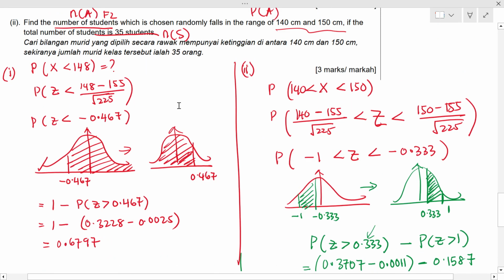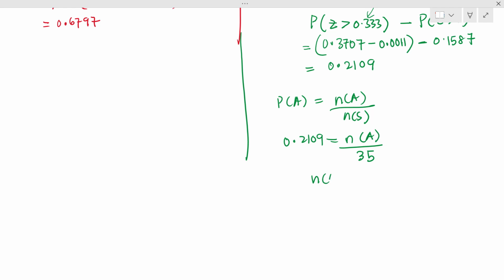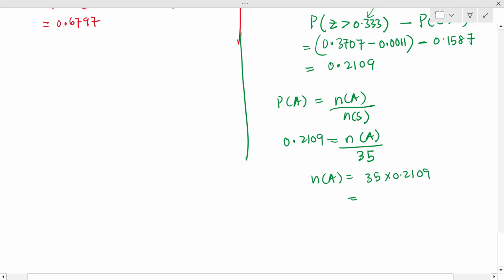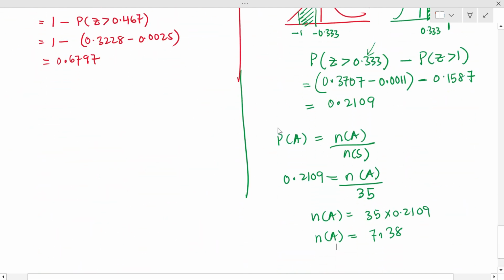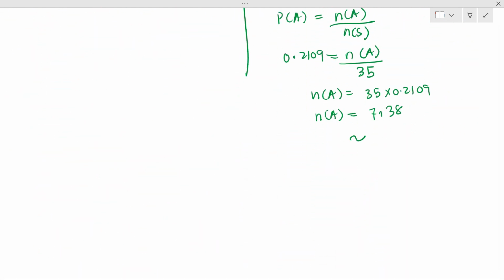Just multiply in. So number of A is 35 times 0.2109. I'm getting 7.38. Number of students cannot be 7.38, so you need to round off to 7 students.